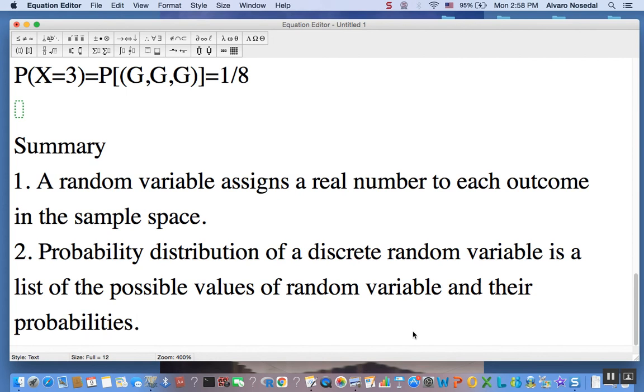Okay? And finally, let me remind you that a discrete random variable assumes only a finite number or a countably infinite number of outcomes. Okay? Okay, so that's it for now.